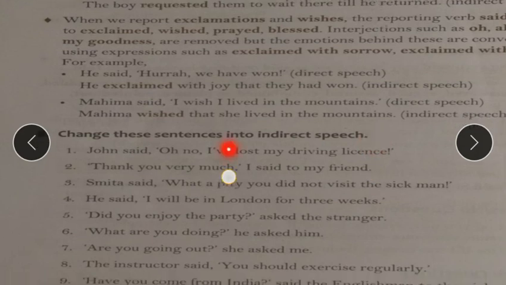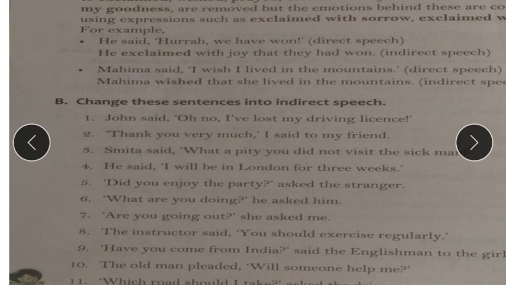Now, these are the questions given in your book. This is the book exercise that you have to do. The first sentence I am doing for you. John said, oh no, I have lost my driving license. Oh no means sadness, isn't it?